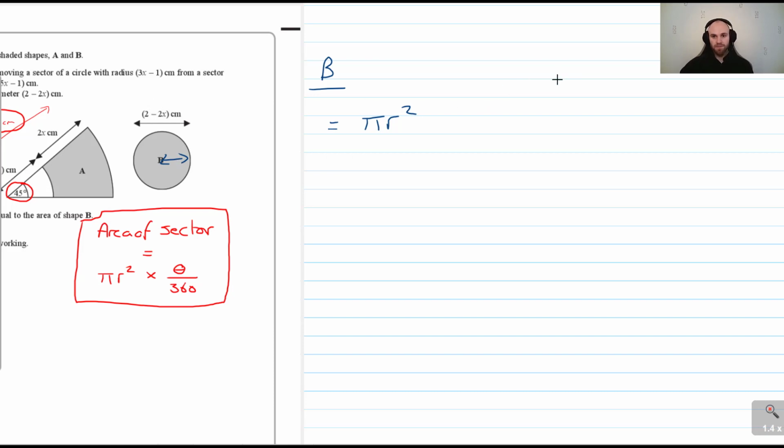So d equals 2r, so r equals d divided by 2. What is d? Well, d is 2 minus 2x, divided by 2. So this is going to cancel out, and you're going to have 1 minus x. So the radius is 1 minus x. Let's just draw a circle around that.